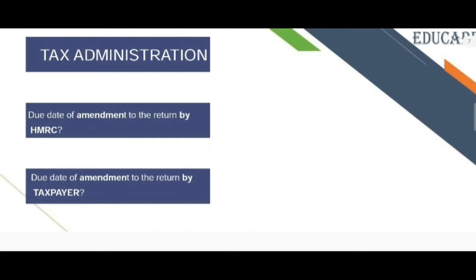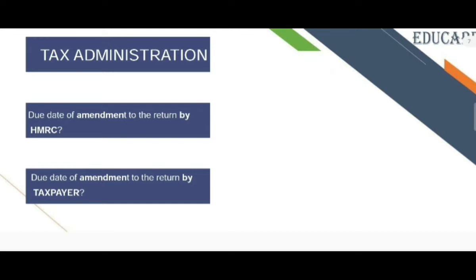Now, the due date of amendment to a return. Remember, an amendment can be made by either party: by HMRC, and also by the taxpayer. To correct an obvious error or omission, HMRC can make an amendment.